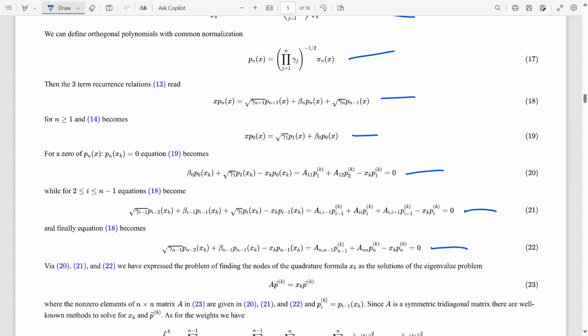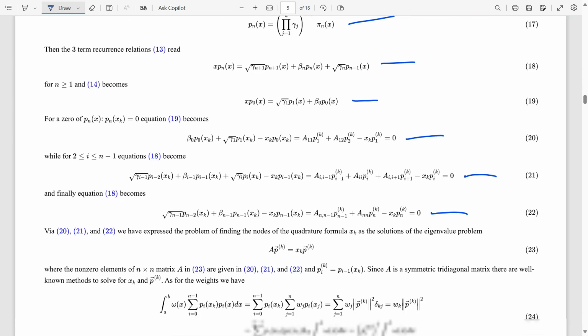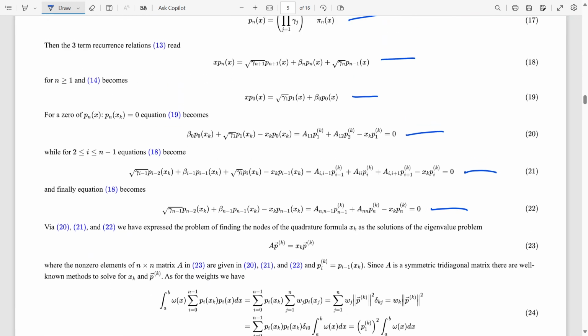We have written out these equations as the rows of a matrix equation with vector pk defined here. Thus, we have restated the problem as an eigenvector problem.